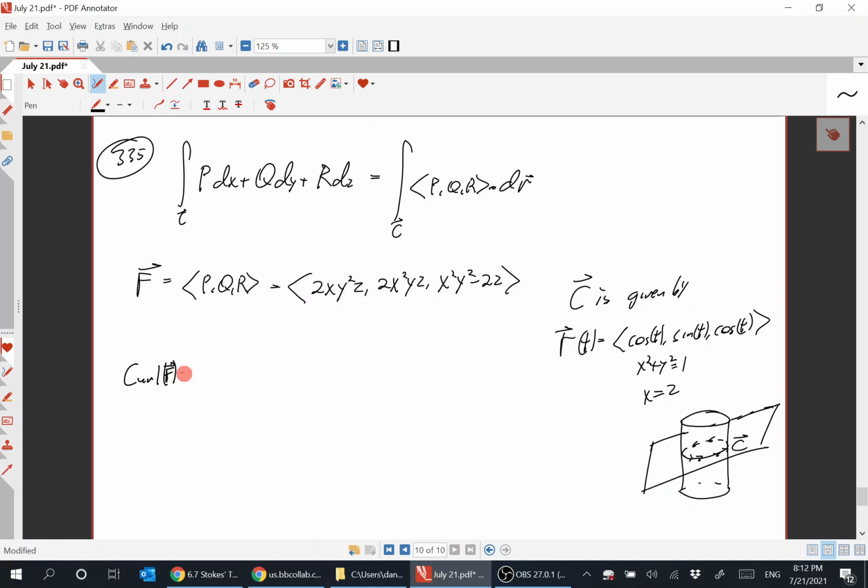So curl of F: i, j, k, partial with respect to x, y, and z, of 2xy squared z, 2x squared yz, and x squared y squared minus 2z.